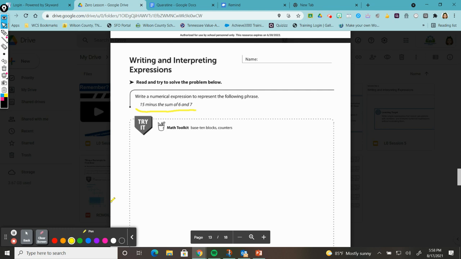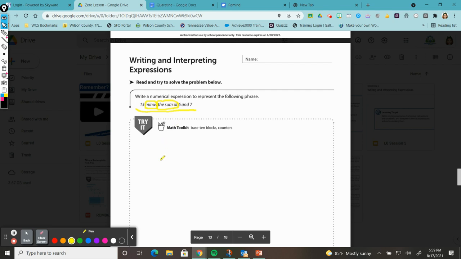If you're stuck on this problem and you're not really sure what to do, think about what the word minus tells us that we're doing with this problem. What operation would that be? Then think about 15 minus the sum of. Think about what a sum is.